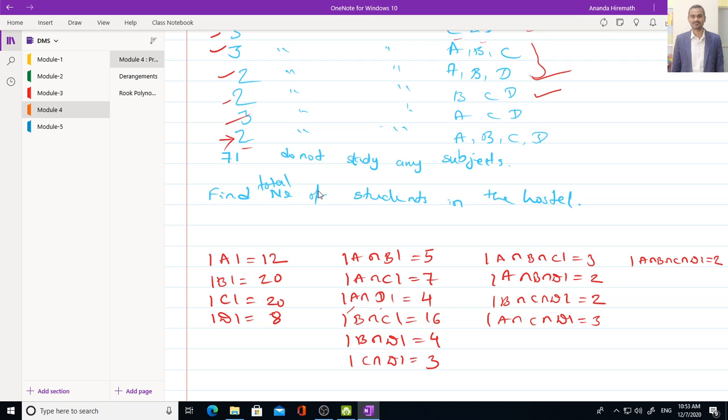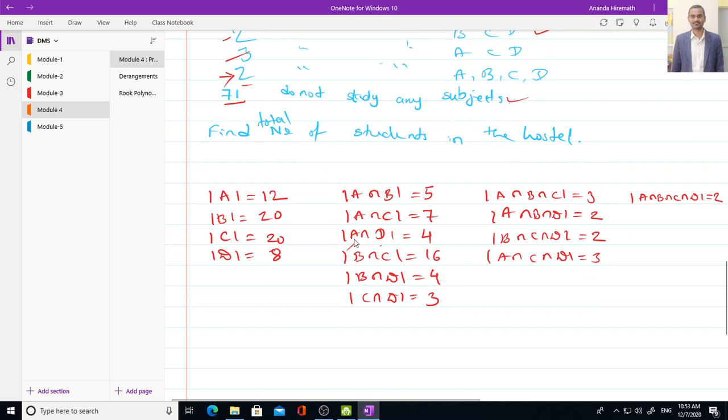And there are 71 students who do not study any subjects. So we can write, who do not study means complement of A and complement of B and complement of C and complement of D. So this is 71.